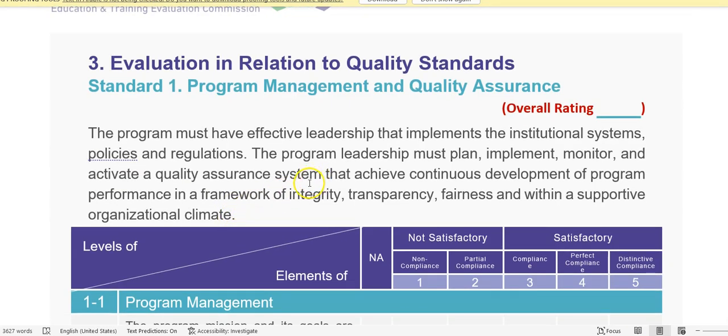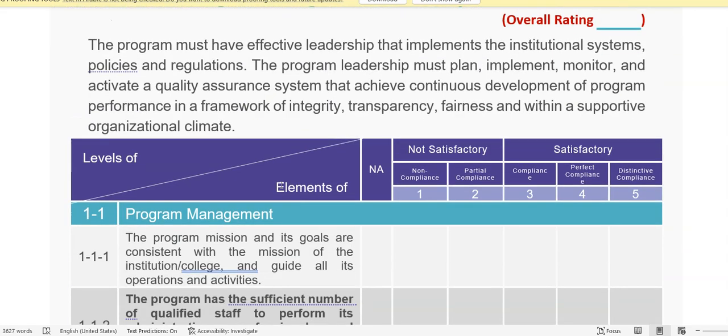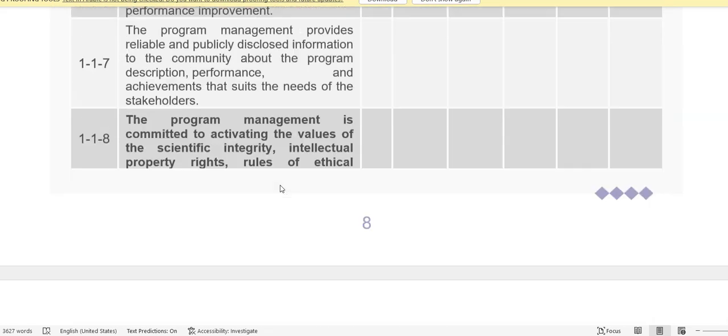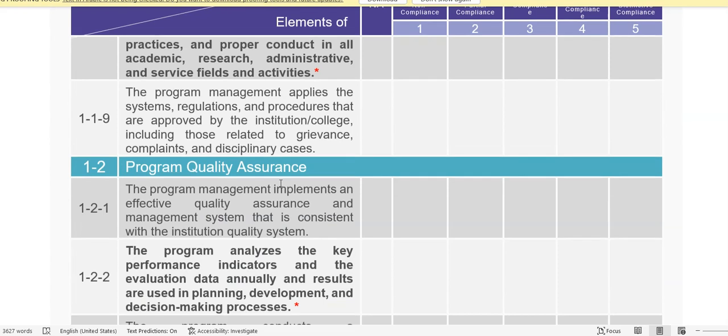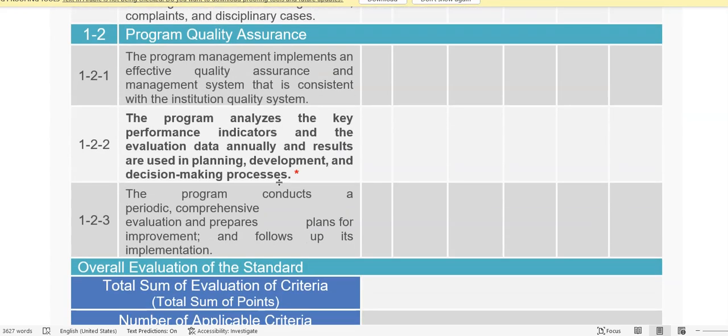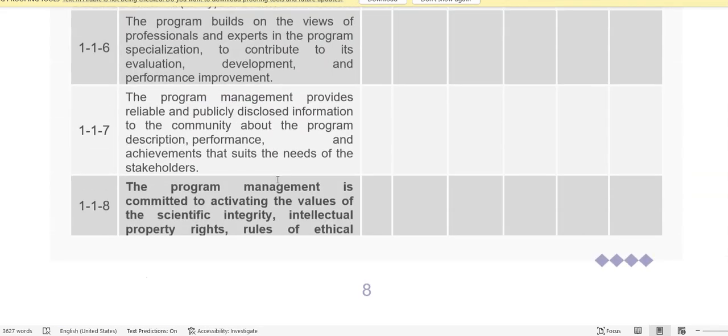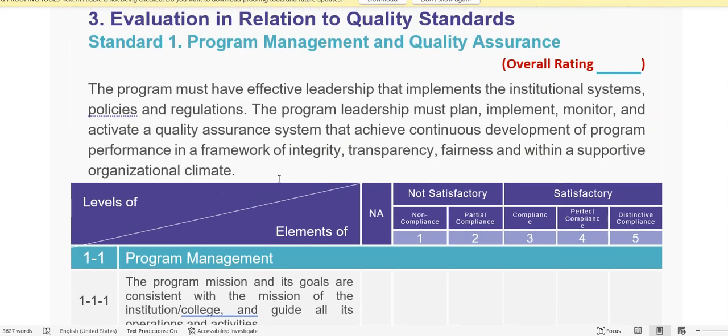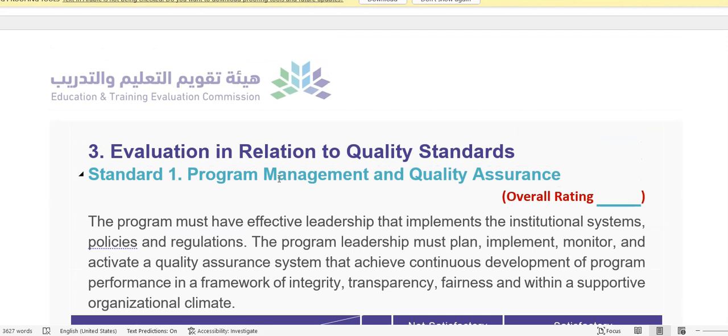Evaluation in relation to quality standards. Now you are starting to write the evaluation, as you see here, based on the self-evaluation scale. It is no longer needed as a separate report. It is now included inside the SSRP.